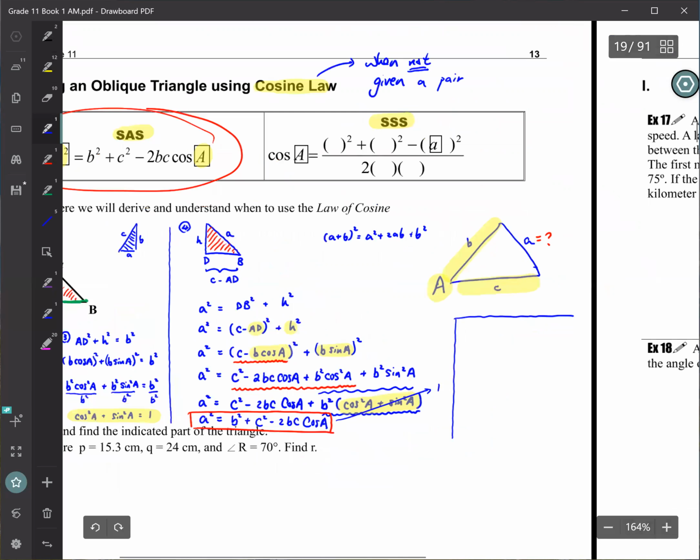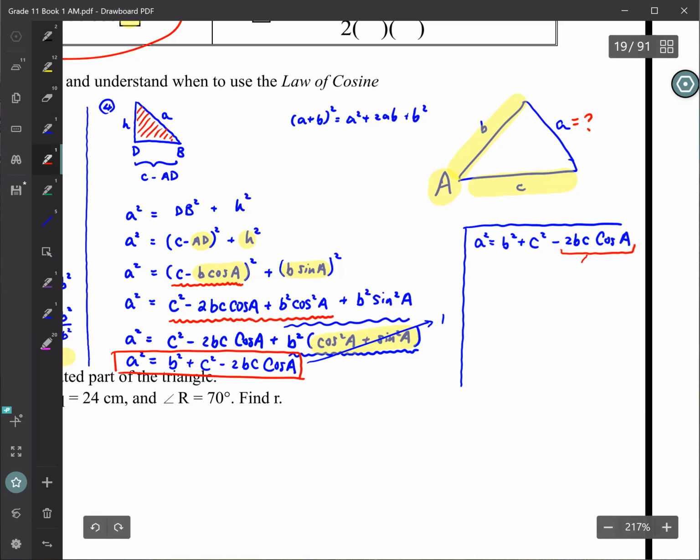To figure out the second formula, you just swap. This part is minus, so I'm going to move it to the left side, so it becomes positive. This one on the left side, I'm going to move to the right side, and it becomes minus. So the negative goes to the left, the positive goes to the right.